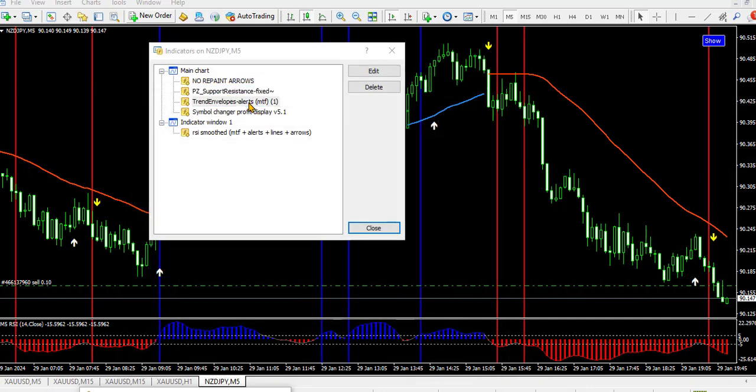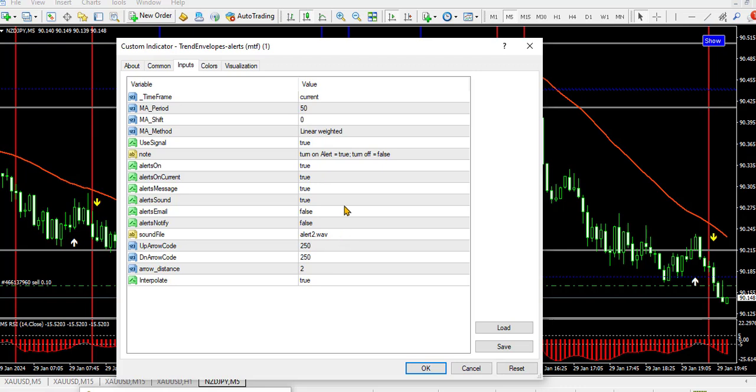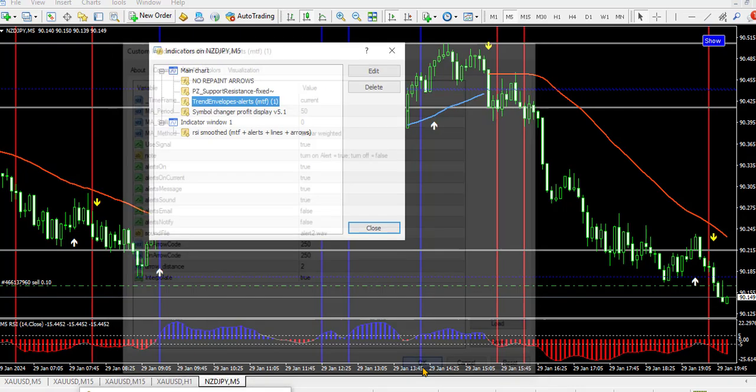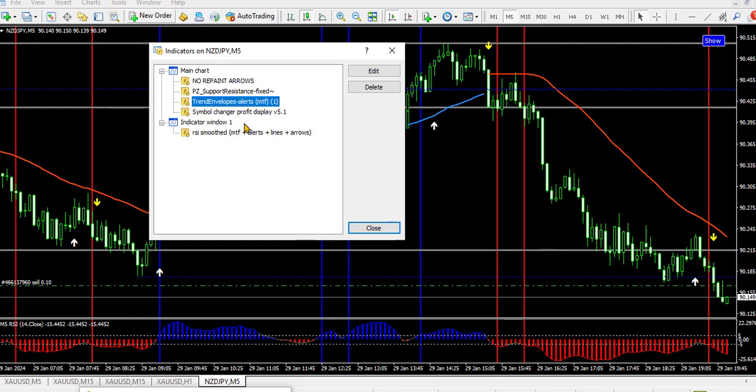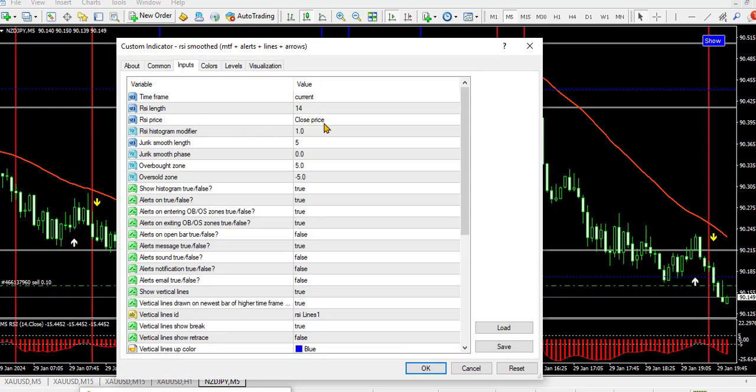They have the trend envelope indicators. These are the values, though you can change the value, play with it and use any value you want, but this is what I use. Then we have the symbol changer indicator, and at the indicator window, this is the indicator that I use.